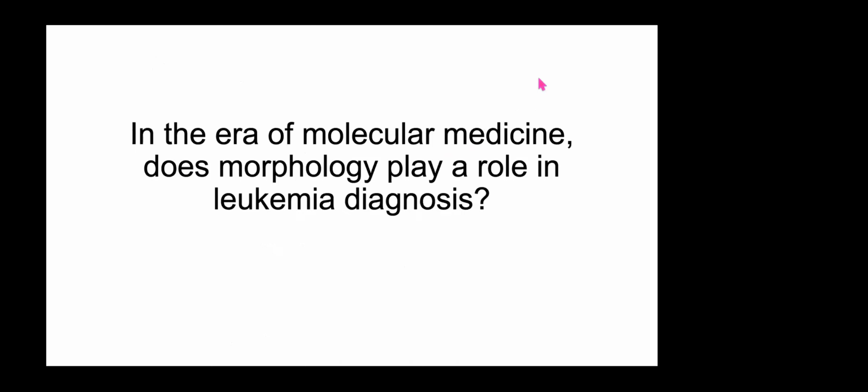But for me, I think morphology plays a crucial role in the diagnosis of acute leukemia because certain types of leukemia are considered hematologic emergencies. We must relay this diagnosis immediately to the clinician so that they can do something immediately in order to save a patient's life.